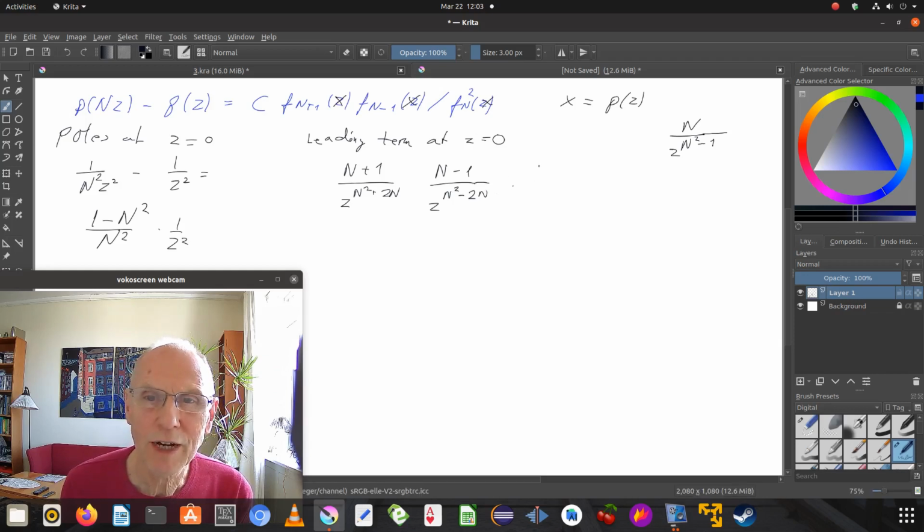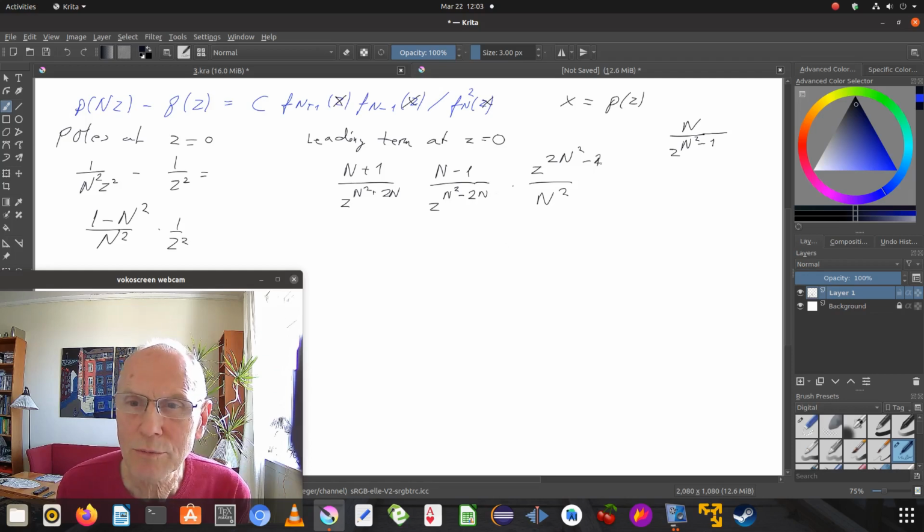Then we divide by this guy, which is n squared, z in 2n squared minus 1. No, minus 2. We must double them both. So we get n squared minus 1 divided by n squared.